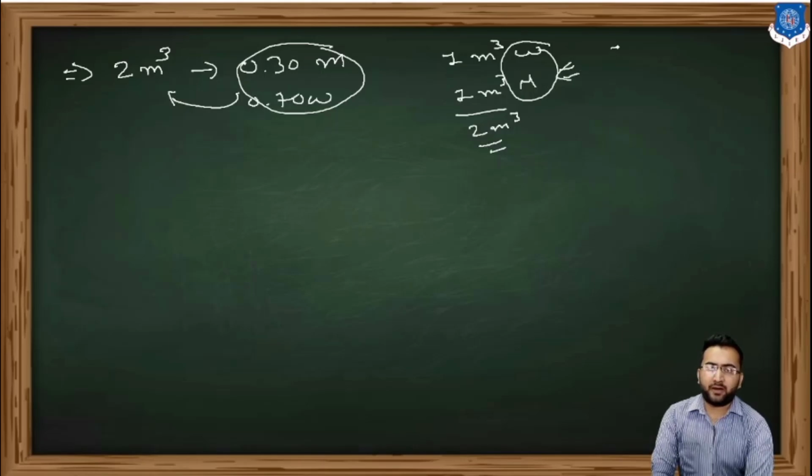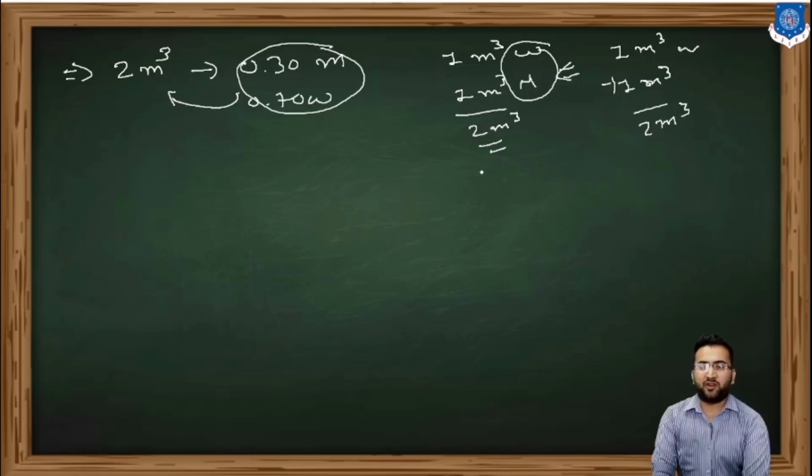If we add 1 meter cube of water to another 1 meter cube of water, it makes 2 meter cube. But for different components, partial molar properties come into action, and we cannot get 2 meter cube of solution.